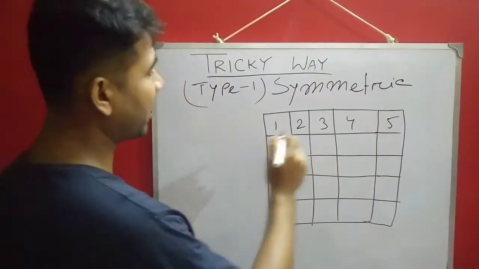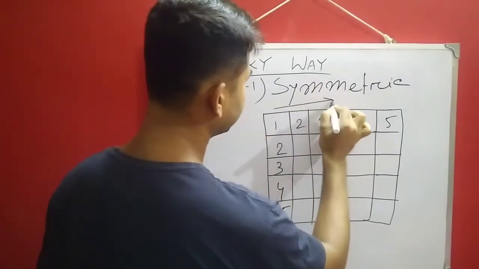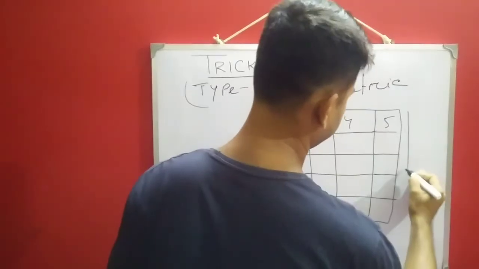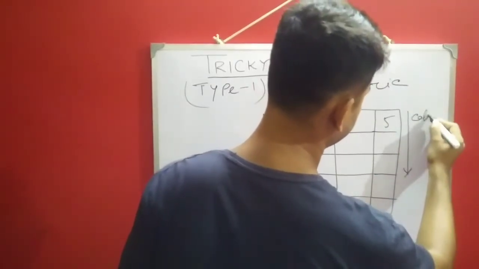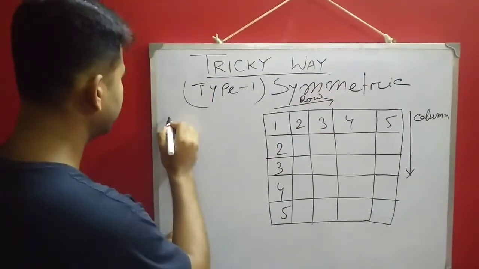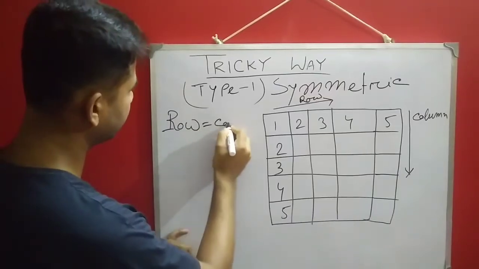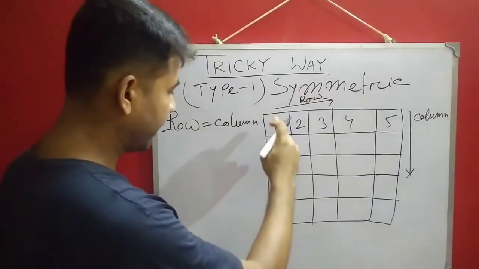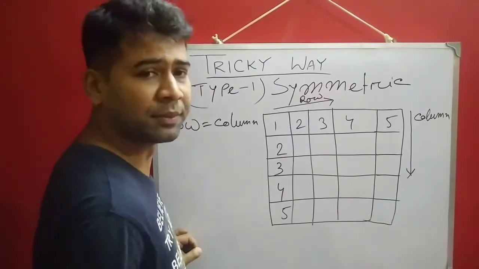Row equal to column. Here the number of rows is 5 and the number of columns is 5.